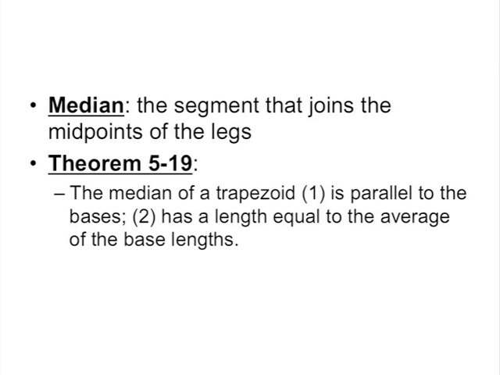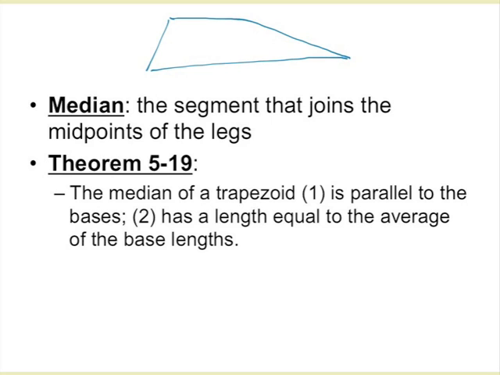Our other term is a median. A median is the segment that joins the midpoint of the legs. I'm having trouble making this the way I want it to look. There we go. All right, so I've got my parallel sides.